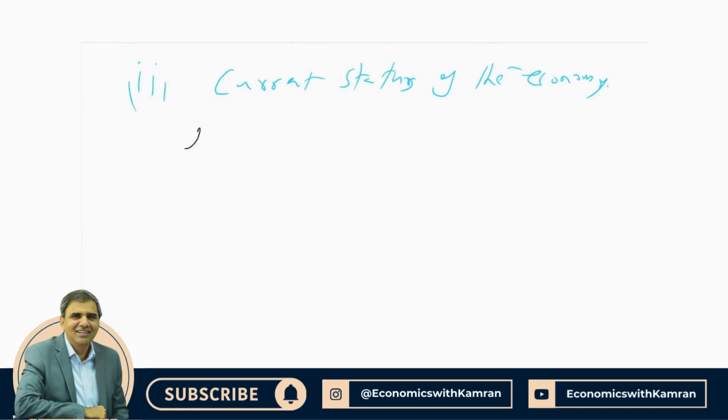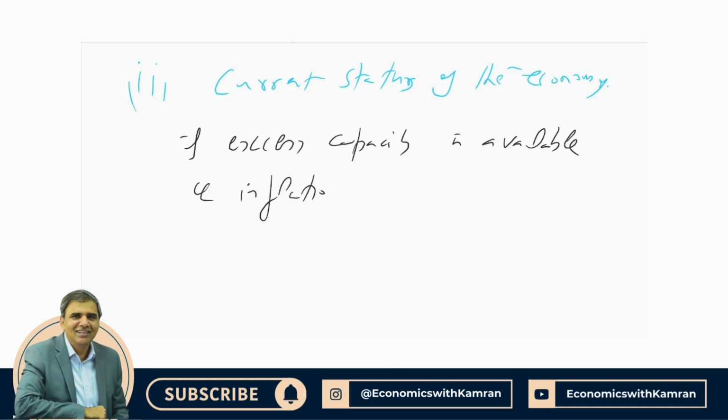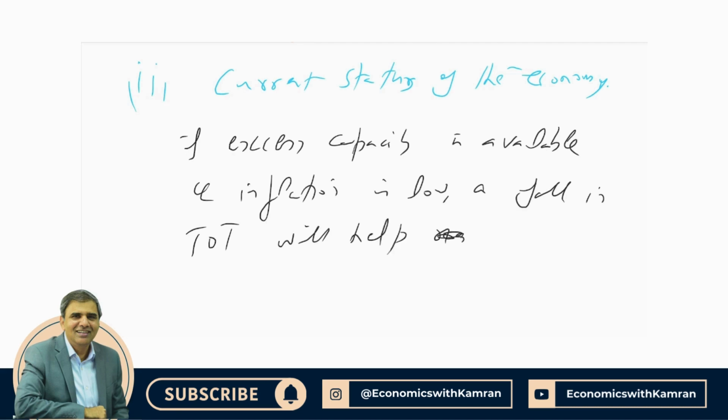If excess capacity is available and inflation is low, a fall in TOT will help raise AD and employment. So a fall in TOT is better if excess capacity is available.